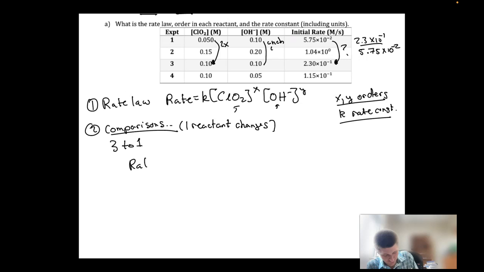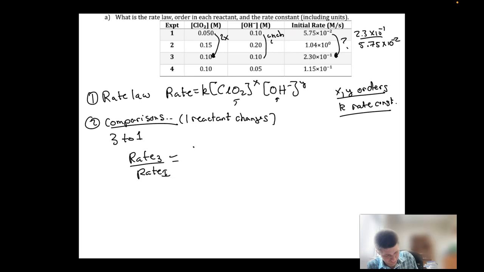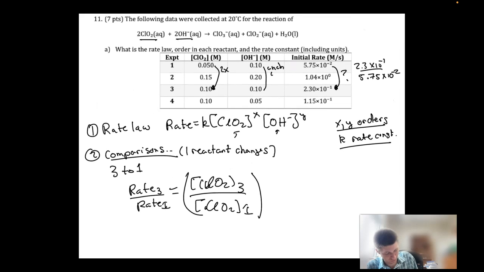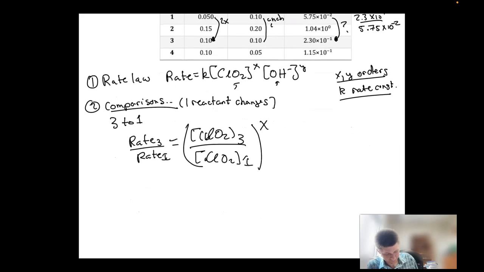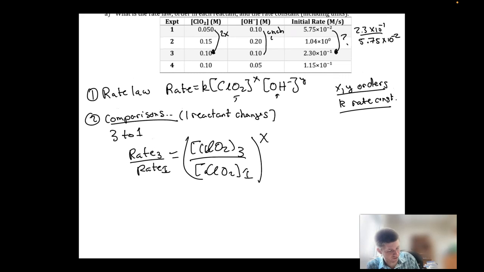So again, this is rate 3 over rate 1 is equal to ClO2 3 over ClO2 1, to the order here, which we called x. So this rate 3 over rate 1, if I do that division, this turns out to be 4.